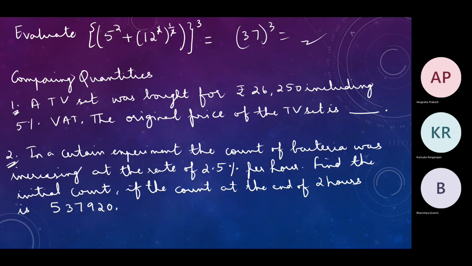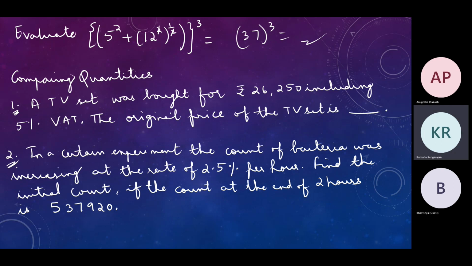Ma'am, final answer is 27,562.5, ma'am. No. A TV set was bought for so much, including 5% VAT. Then how can the original price be more than that?